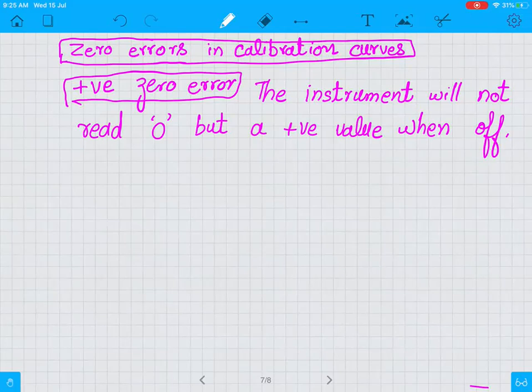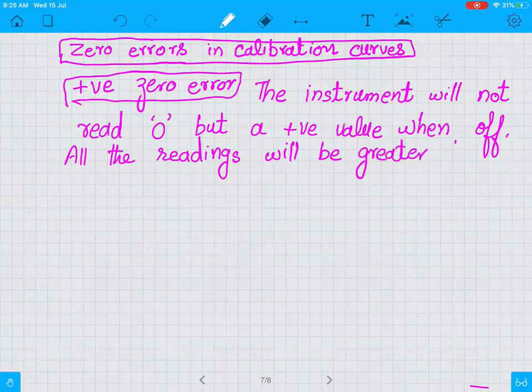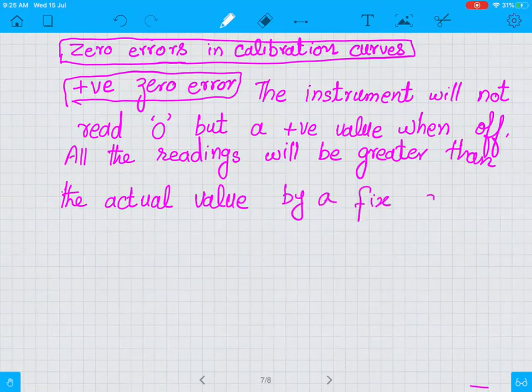And the second thing is all the readings taken by this instrument will be greater, they will be bigger than the actual value by a fixed amount.